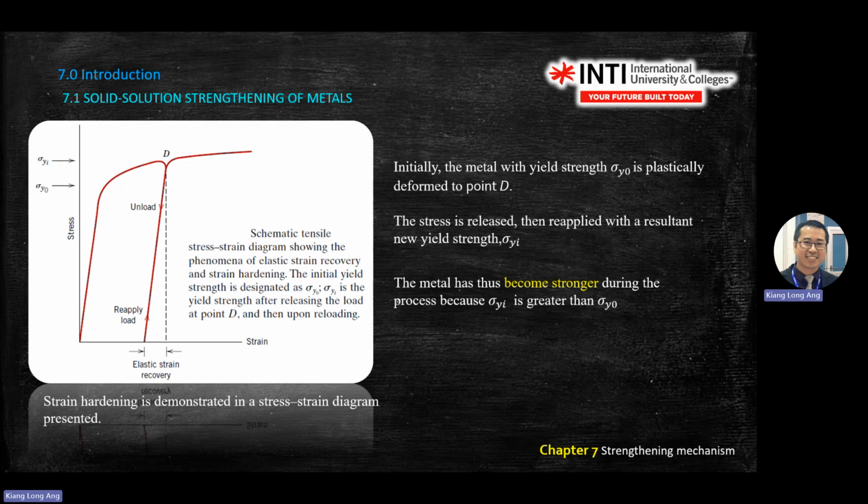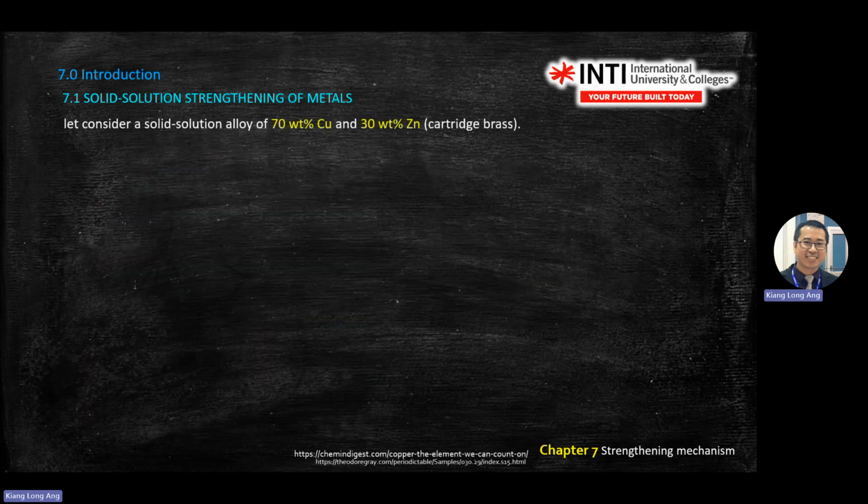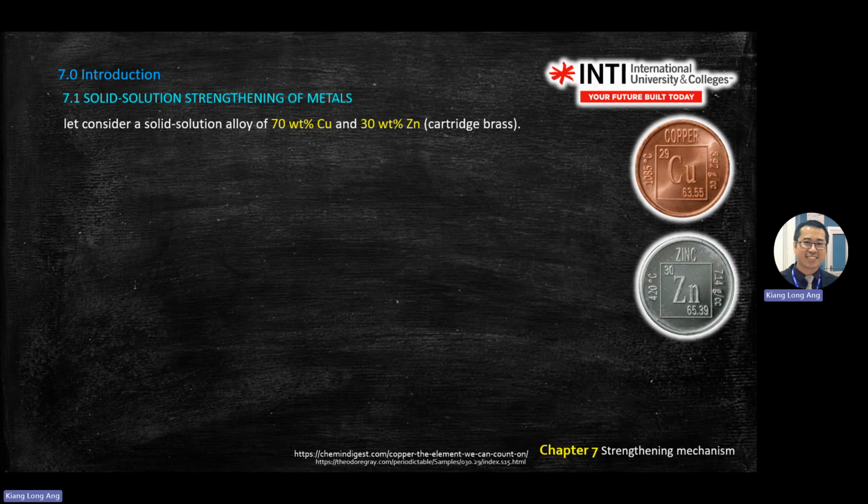So this one is a self-explainer. All right, let's say we consider 70% copper and zinc. Copper, look at this color. Zinc, look at this color.